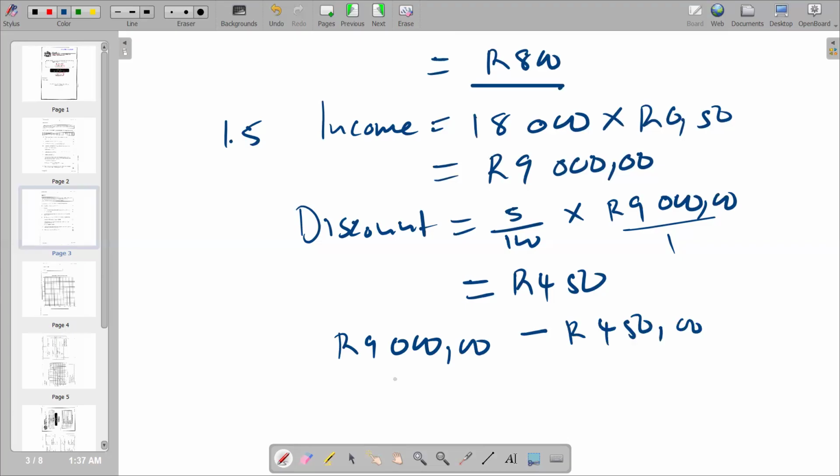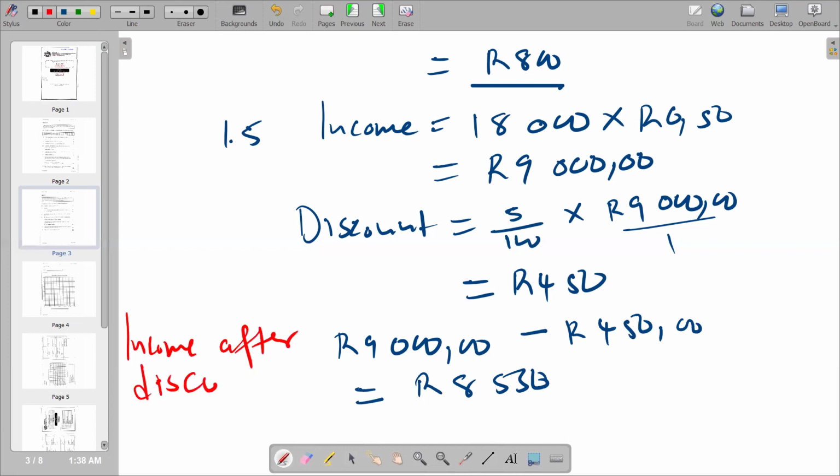So obviously the answer that you get now becomes 8,550. So basically this becomes your final answer. So we are saying here now it becomes your income after discount. So we are saying income after discount. So that 8,550 is our income after discount. So basically that's what we have of that part.